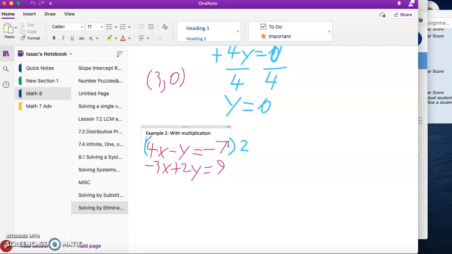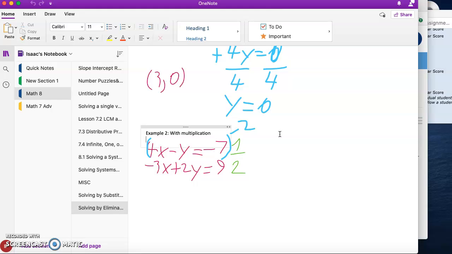And actually, wait, before you do that, number both of them. I'm going to number this top one 1 and the bottom one 2. Now, after I multiply the top one times 2, I'm going to get a new equation that I'm going to call 1b. 1b is just this new form of my original equation 1.